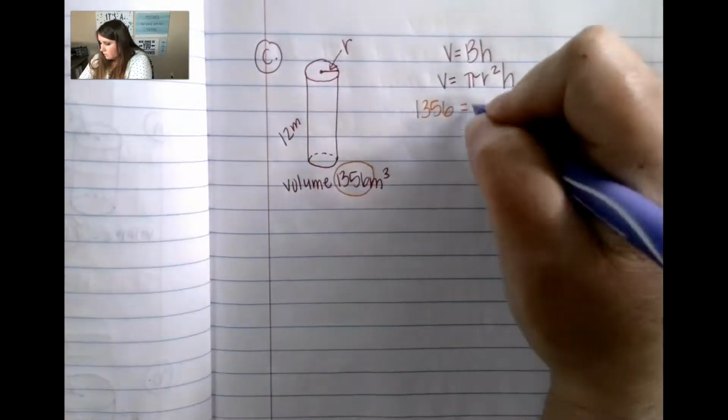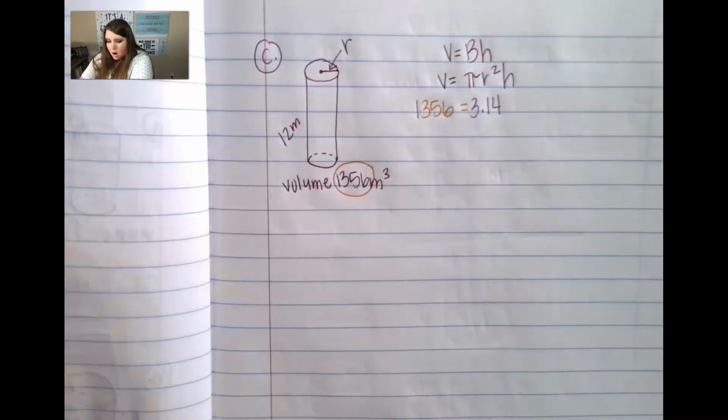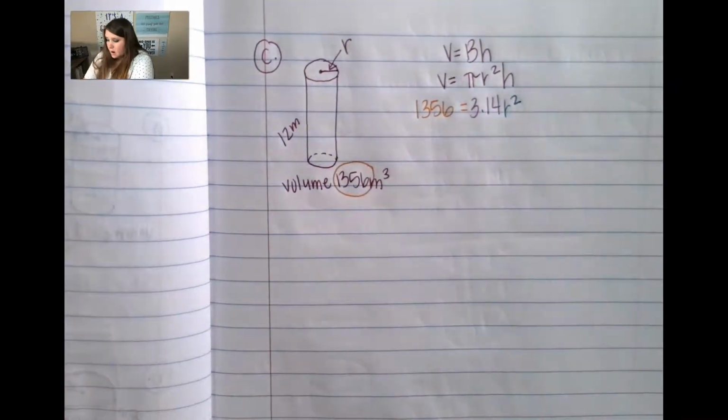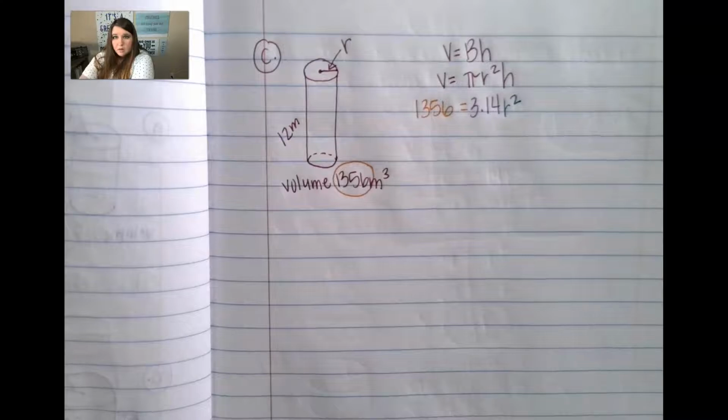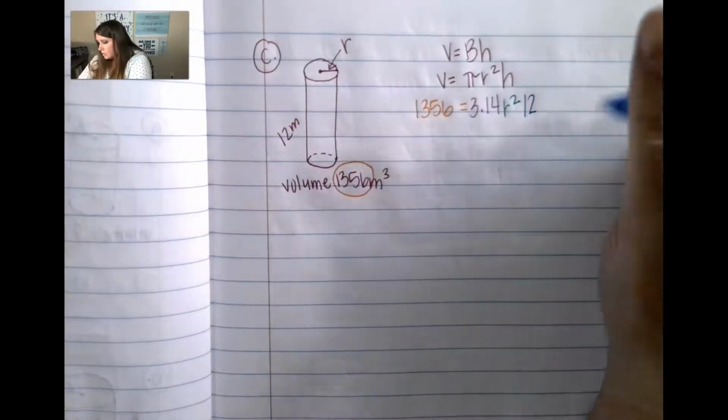So pi is 3.14. We don't know r, so we're going to leave that as r squared. And then our height, which is right here, is 12, so we're going to multiply that by 12.